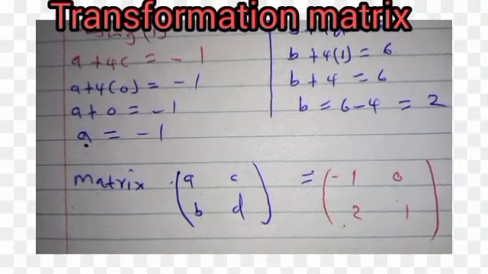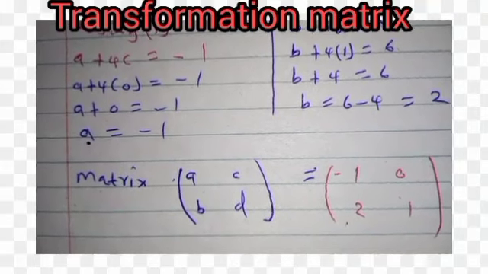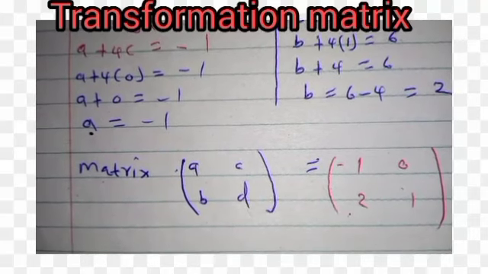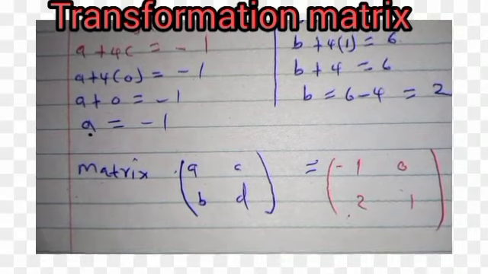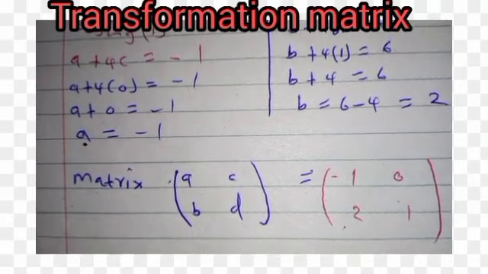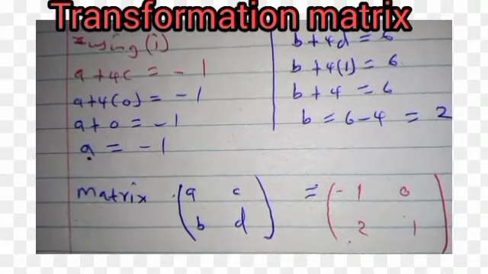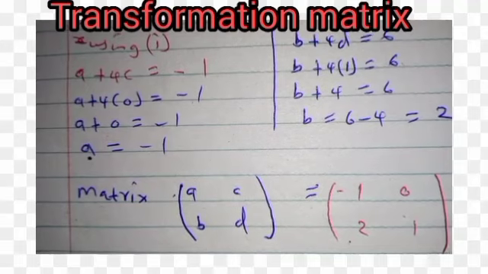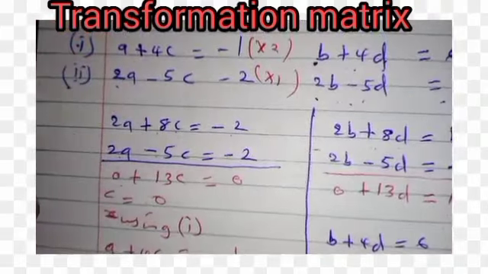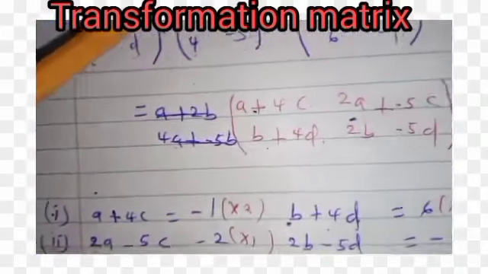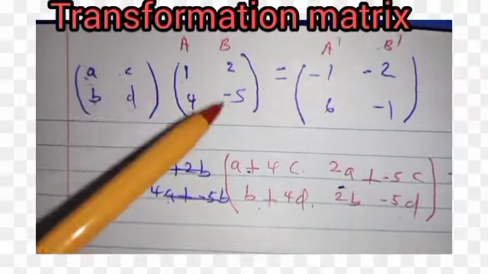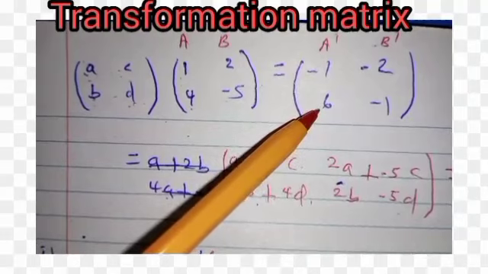So that is how we obtain the matrix of transformation when we are given the object and the image. It is very simple. All you do is pre-multiply your object with the matrix of transformation, as we have done here, and you equate with the image.